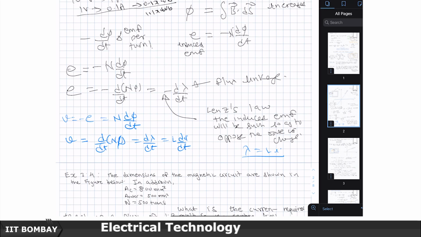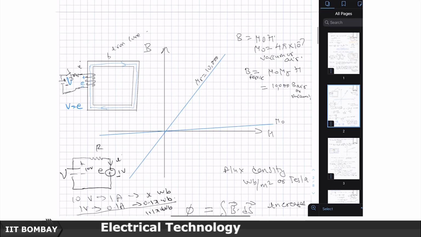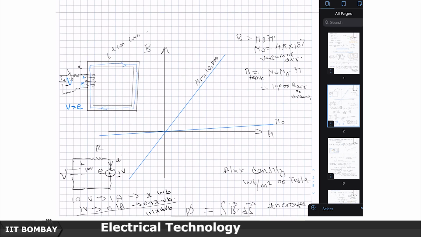That is not to say that we are violating Lenz's law or anything like that, but now we have a representation which is V equal to d psi by dt, which, if the inductance is constant, can also be written as V equal to L dI by dt. This is a very basic and important point, and I think it is good that we cleared it very early in the course.